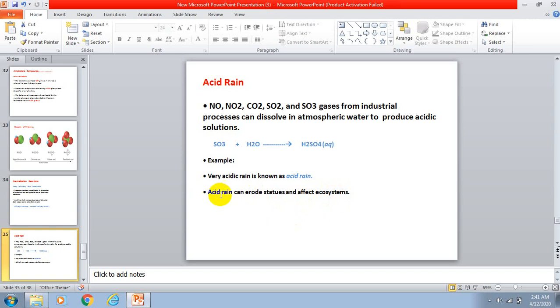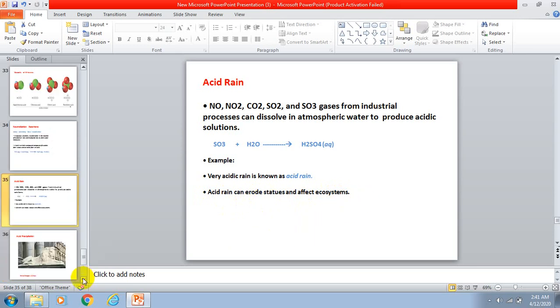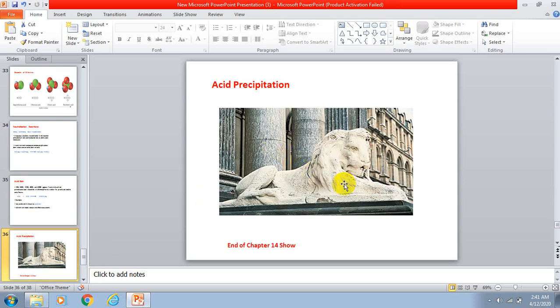When acid rain falls, it will erode, like erosion, understand, and it will affect the ecosystem as well. Look at this statue, it has been eroded, look at all the holes here. Look at the shape, it's all destroyed. This is because of the acid rains.